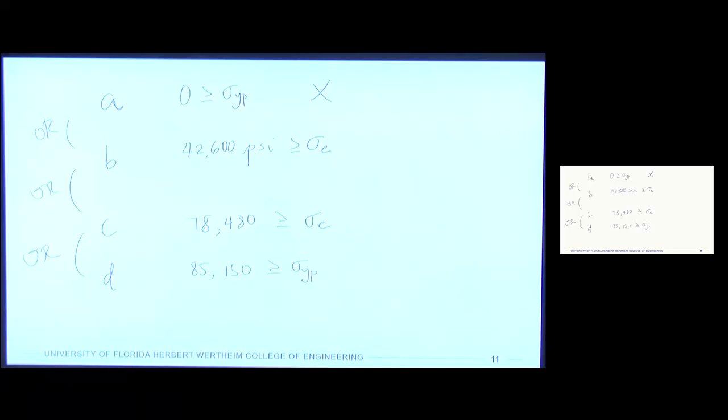Well, we calculate a factor of safety based on infinite life. So we have these values here, like 42.6. And so we calculate a factor of safety based on how this compares to the actual endurance limit for the material that we are starting with.